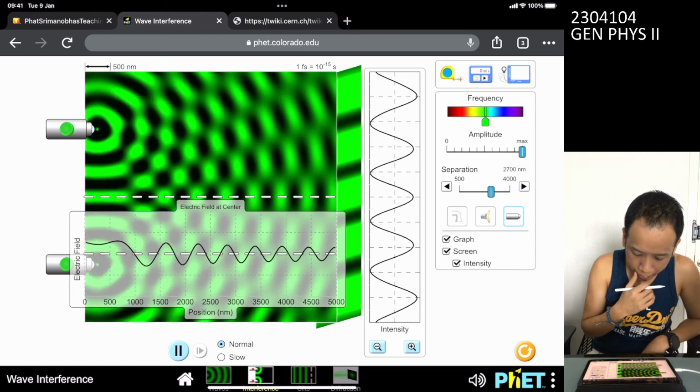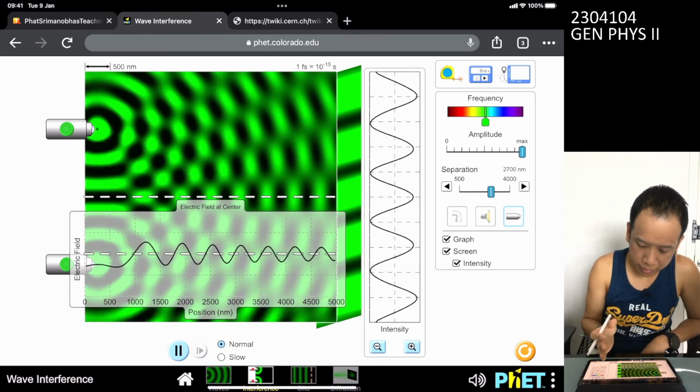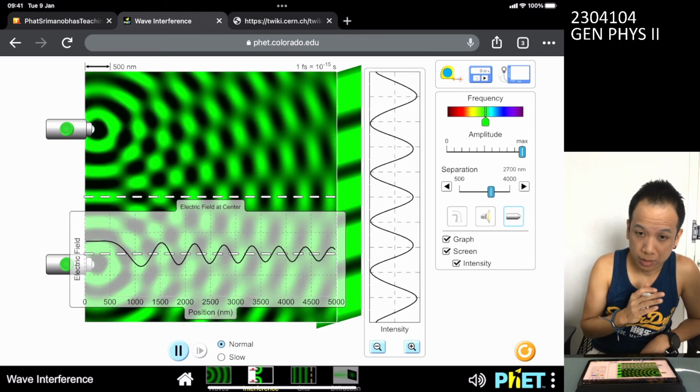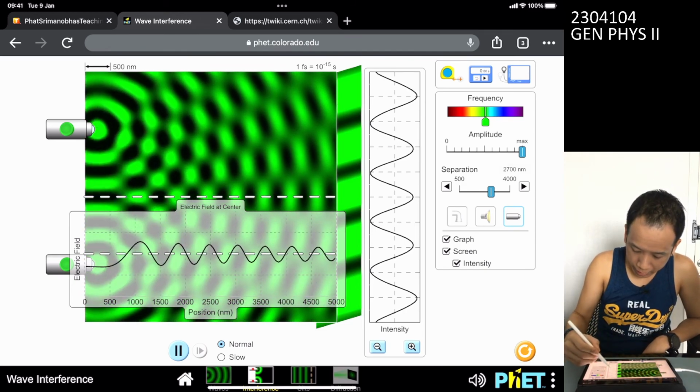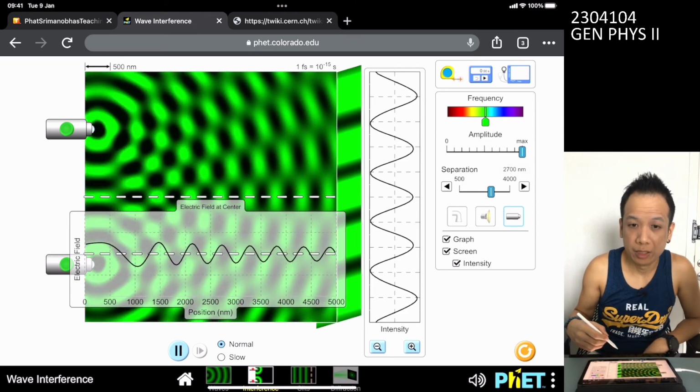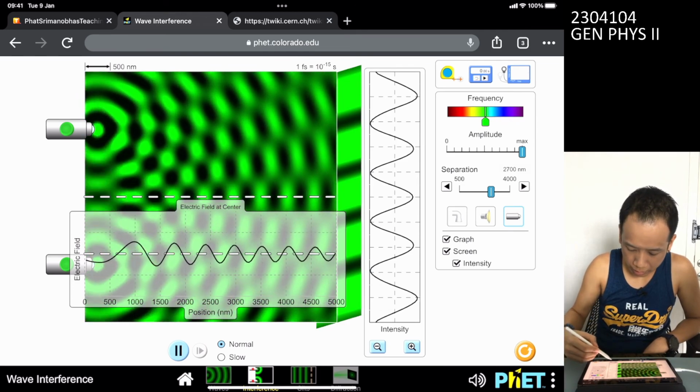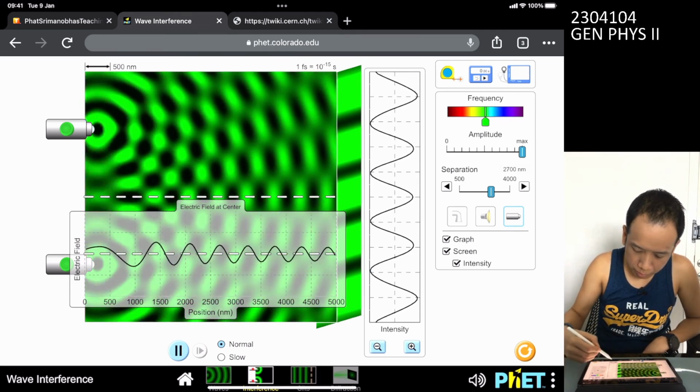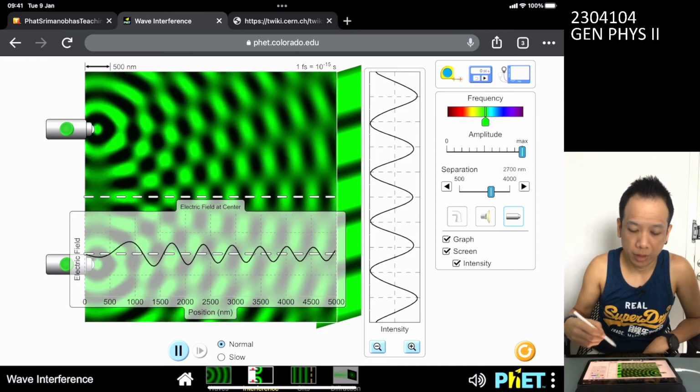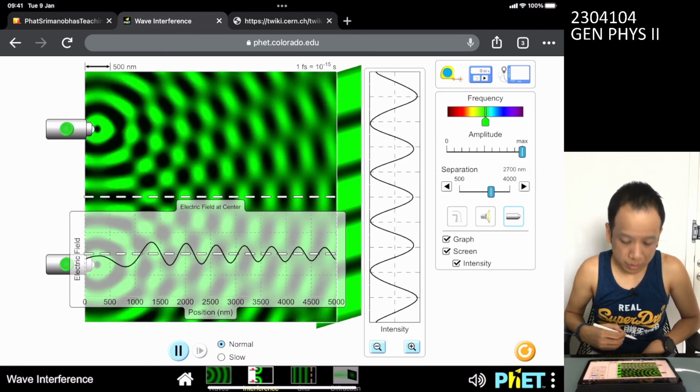But what you can really see from here is the intensities. You see that the intensity is roughly the same for all the bright fringes you have seen. Why is this the case?